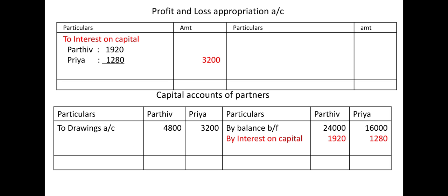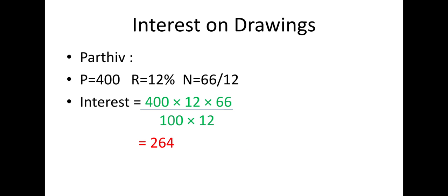Now students, interest on drawing. Interest on drawing is a bit difficult to count. Let's start with Parthiv. See, Parthiv's drawings are 4,800, but as you know, he has not withdrawn the full amount. Parthiv withdrew 400 every month at the end of every month.